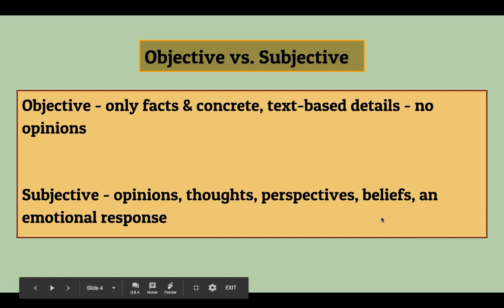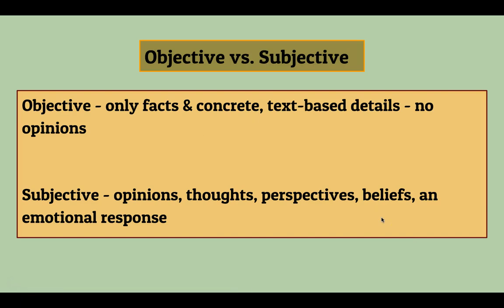All right, the first thing I want to talk about is objective versus subjective, because you have to provide an objective summary. So, if you don't know, or if you've forgotten, here we go. Objective, only facts and concrete text-based details. So there are no opinions in an objective summary. It's only facts. For subjective, though, those have opinions, thoughts, perspectives, beliefs.